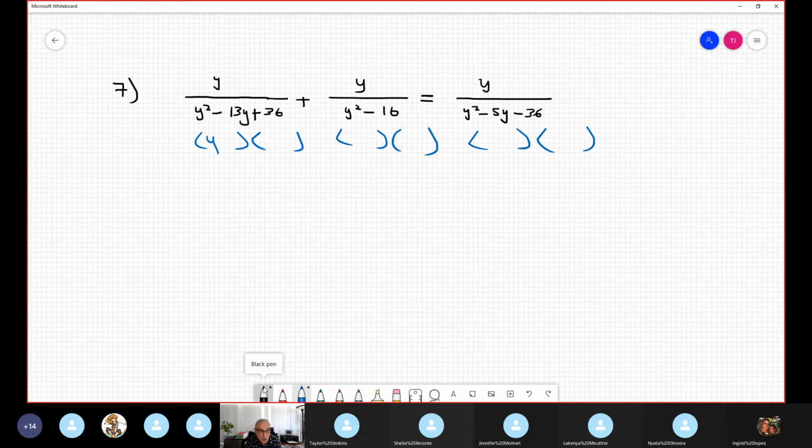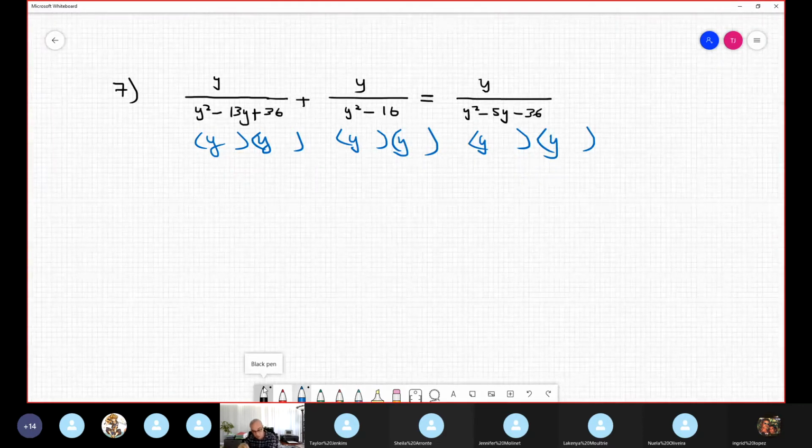Who helps me with the first trinomial? It's a regular trinomial. Two numbers are the key that opens the door: 36 and 13. What's the combination in that case? Two numbers that multiply to give me 36 and when adding give me 13.